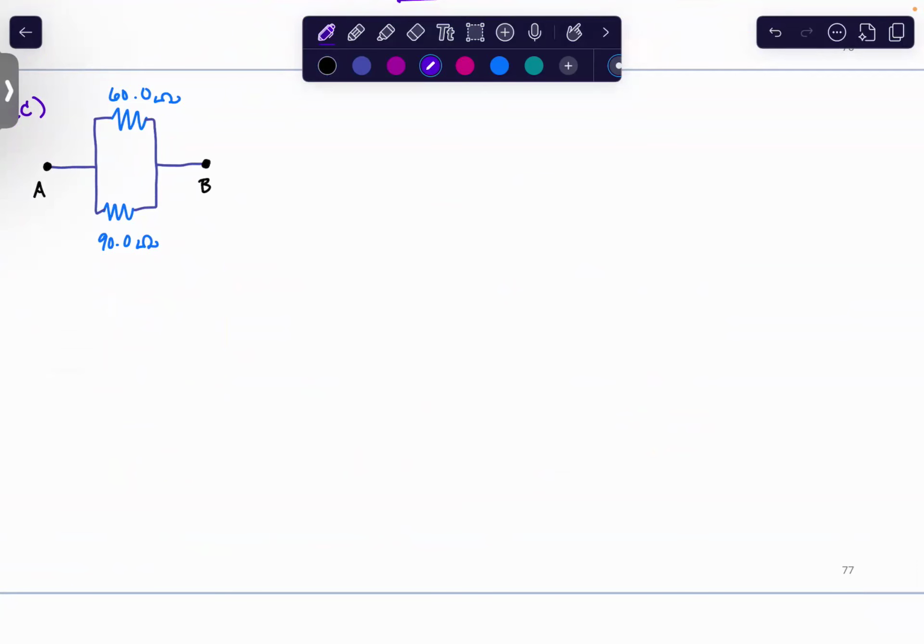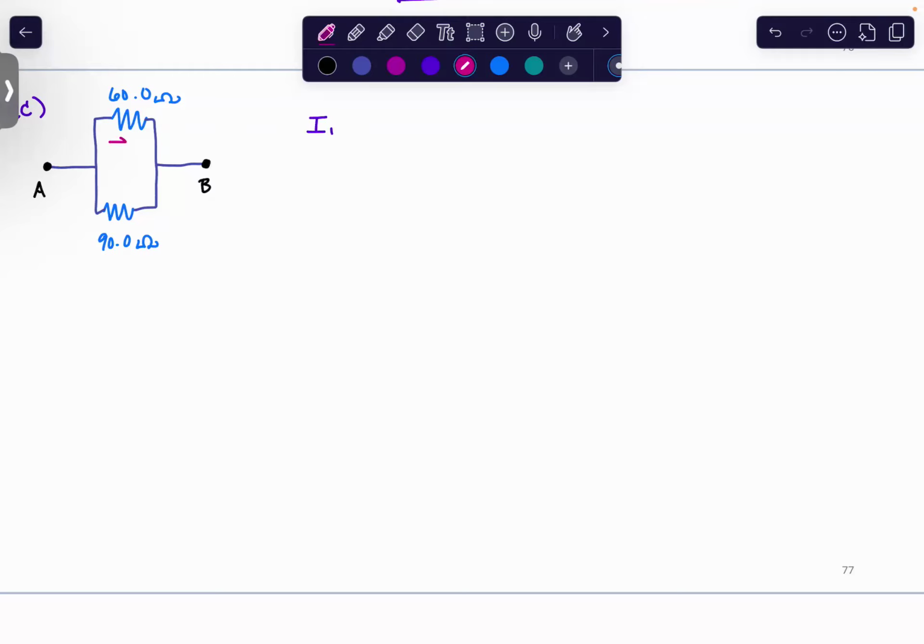Okay, so since we know that, how do we find the current in each branch? How do I find the current in each branch? Let's look at I1.